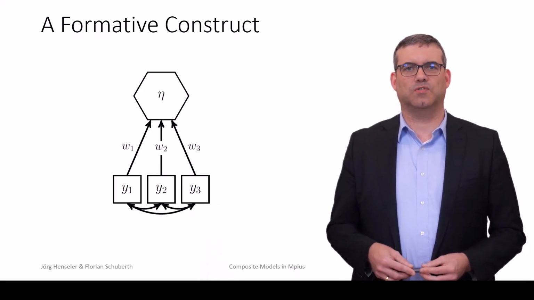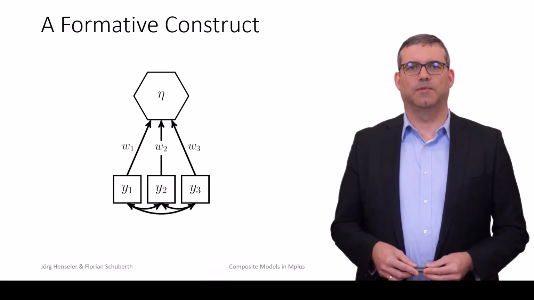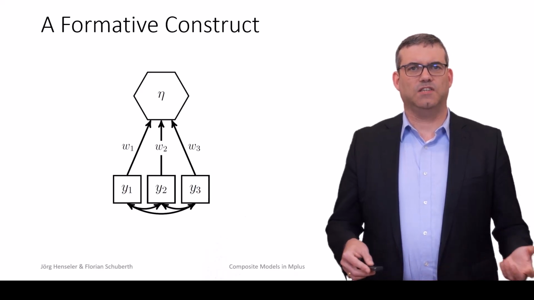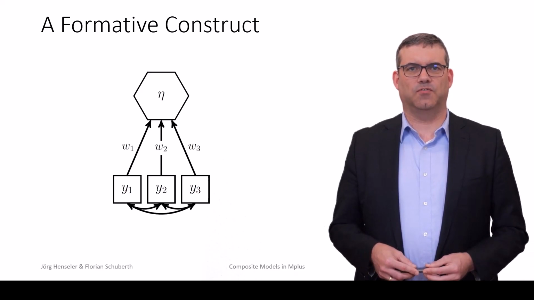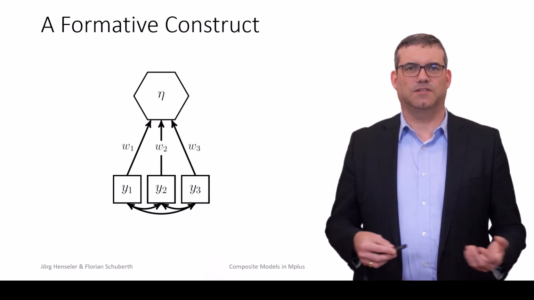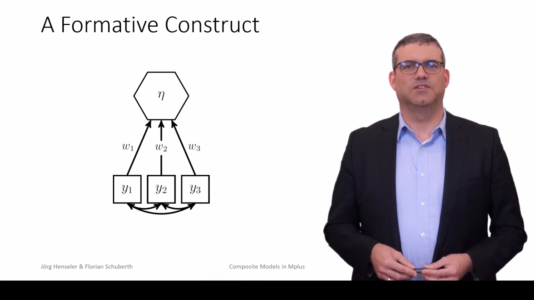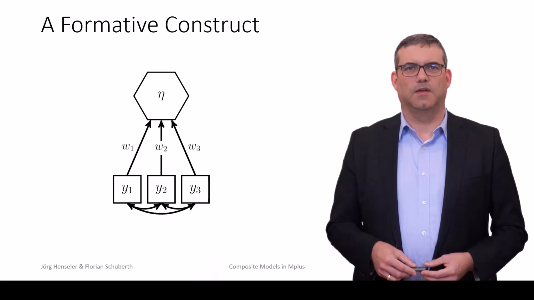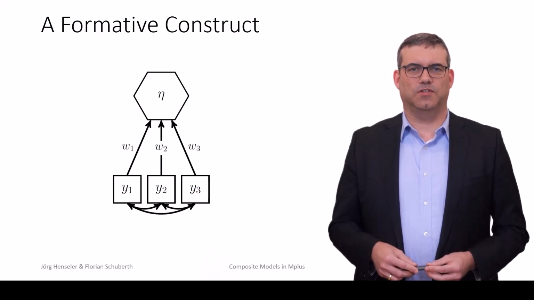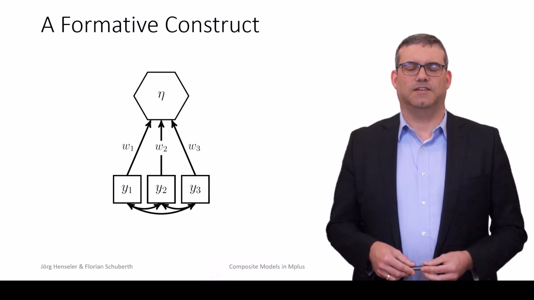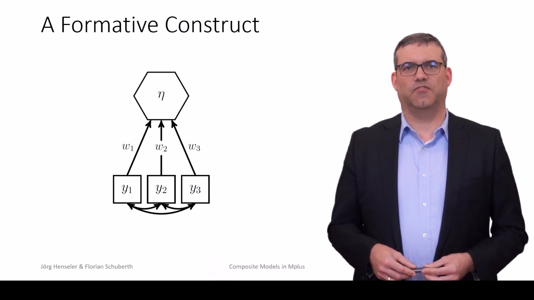There's usually no restriction on the covariance between them, and they make up this formative construct eta. When you see this specification of a formative construct, you'll see it is a composite. It is perfectly identical to a composite as we've shown in the very beginning. Well, talking about formative constructs, it is important to notice that the term formative has been used in different ways.